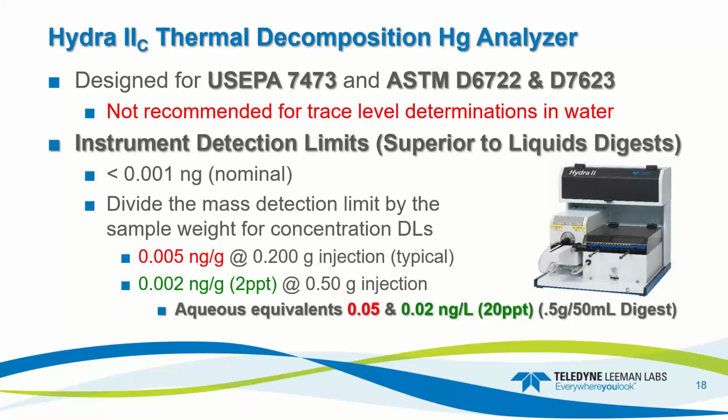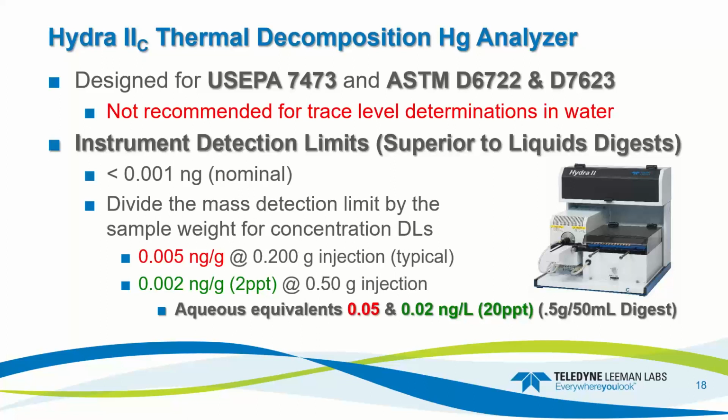For this first example, if we take 0.001, which is our detection limit, divided by 0.2 grams of a sample, which is a typical injection size, then our detection limit is 0.005 nanograms per gram. Below is an example of a slightly higher weight, a 0.5 gram sample. It gives you a detection limit around 2 parts per trillion.